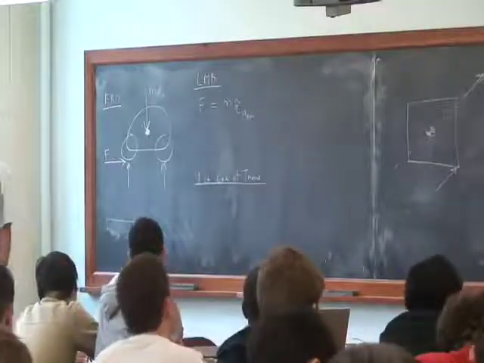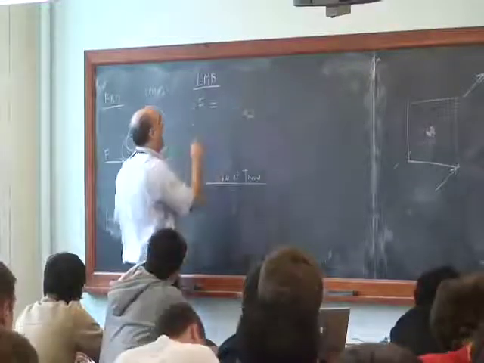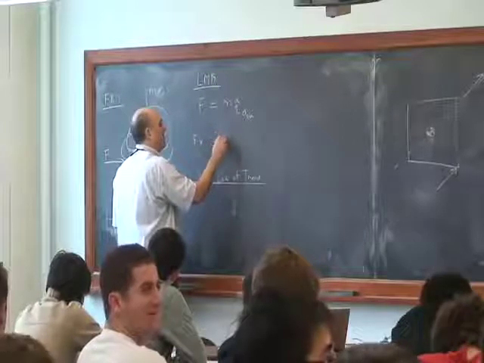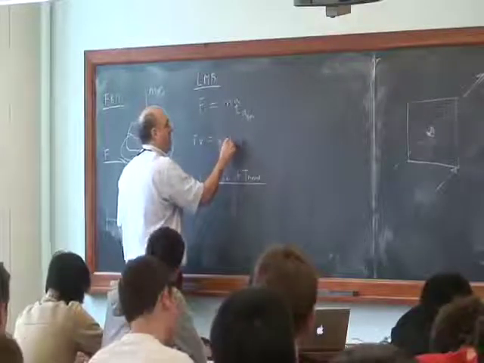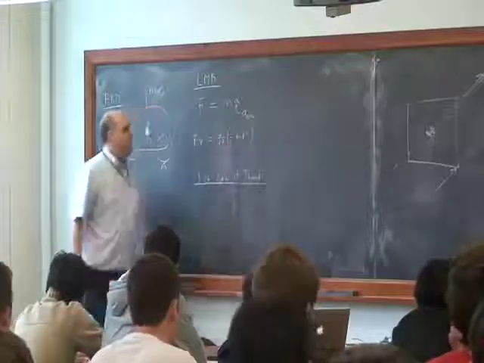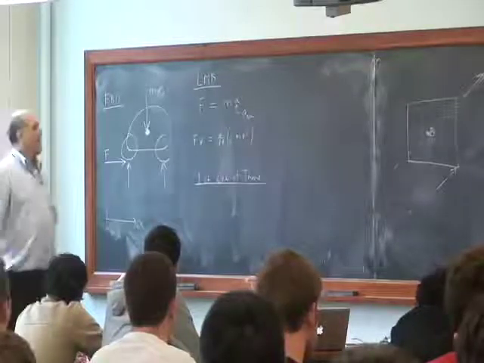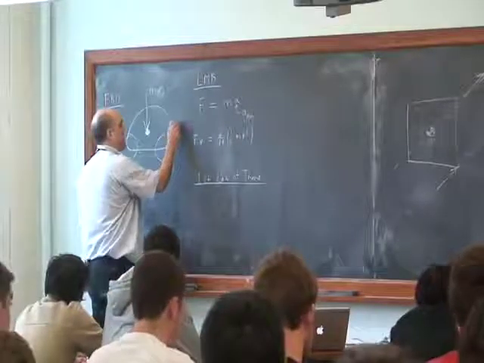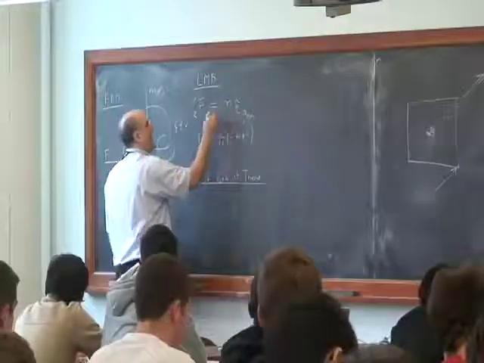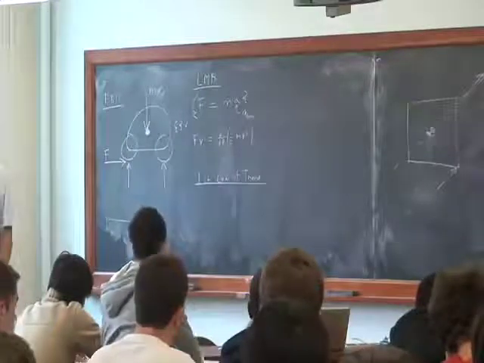It's a derivation which I did in class last time: we multiply both sides by v, and we get that F times v is equal to d by dt of 1/2 mv squared. That's just from the linear momentum balance, taking the previous equation, multiplying it by v, and doing calculus.